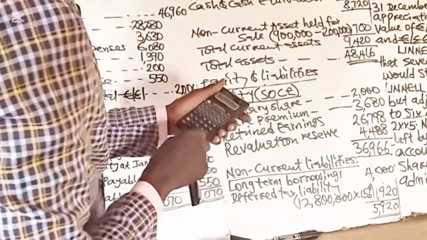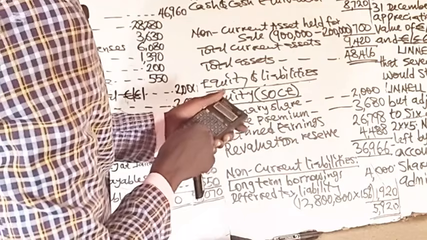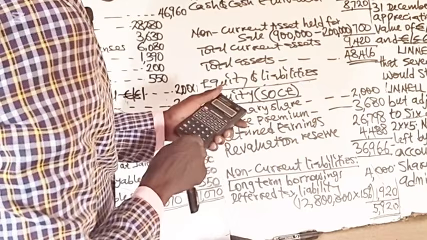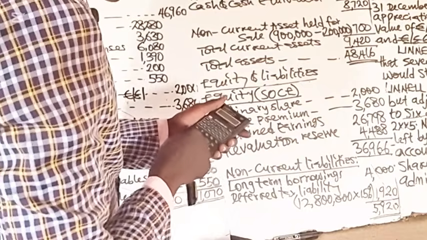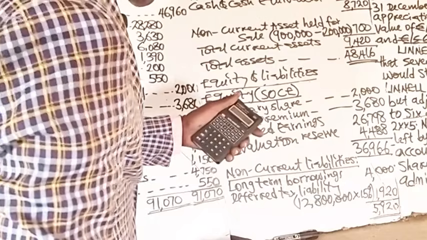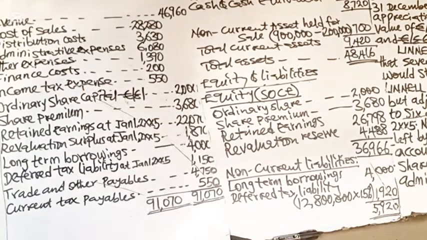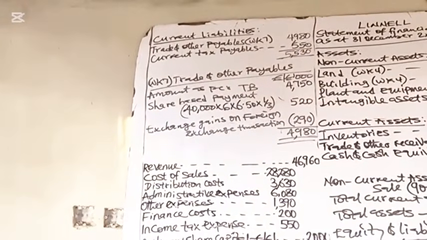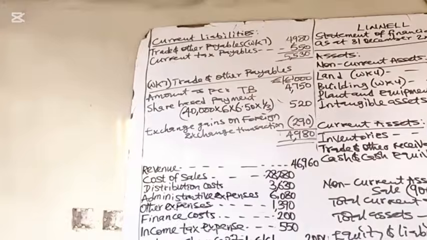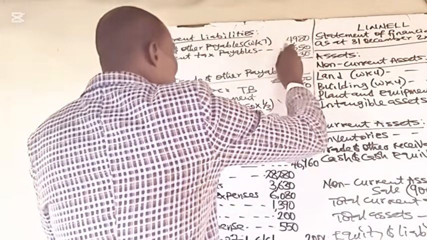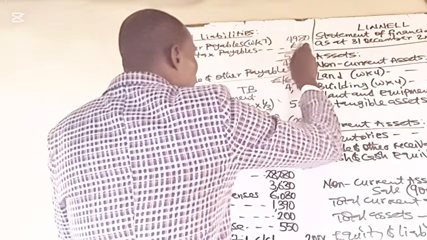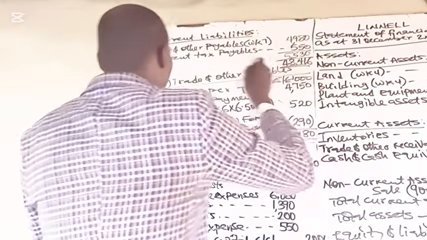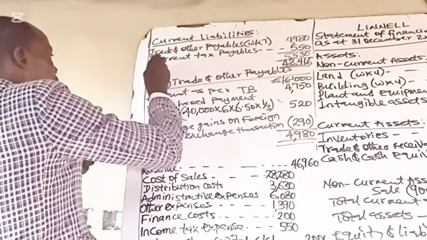If you add these to the current liabilities, 36966 plus 5920 plus 5530, we have 48416. That is the total equity and liabilities.